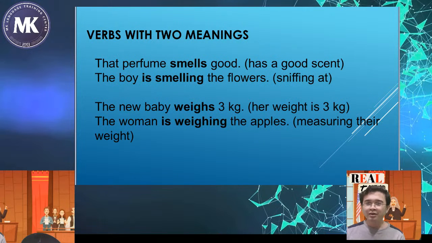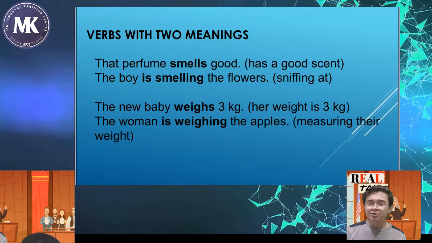And here, that perfume smells good. Oh, smells good here means it has a good scent. For smells, we can change this one into a linking verb. We can say that perfume is good. But smells good is better, right? Because it makes your sentence more appealing.